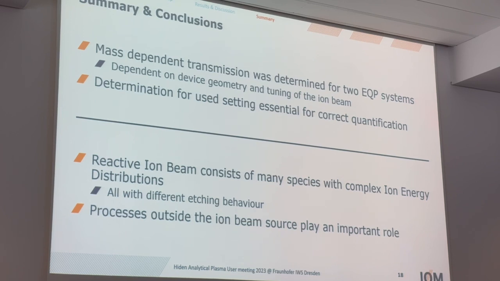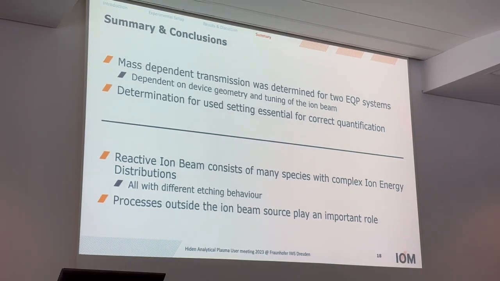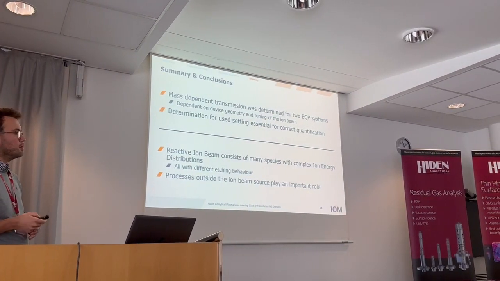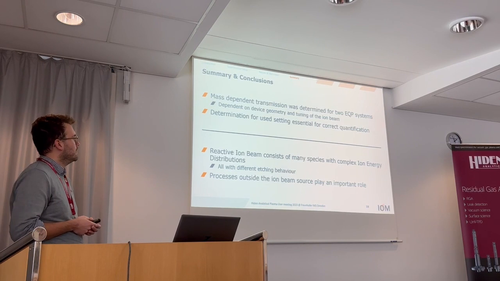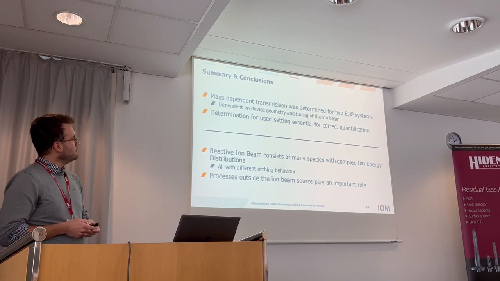They have a very complex ion energy distribution, and they have different influences on the etching behavior, and that's also the next step in our research. We want to correlate the ion energies and the composition of the ion beam with our ion beam etching process itself. The process is outside of our ion beam source, so all these fragmentation processes play a very important role in our etching process.